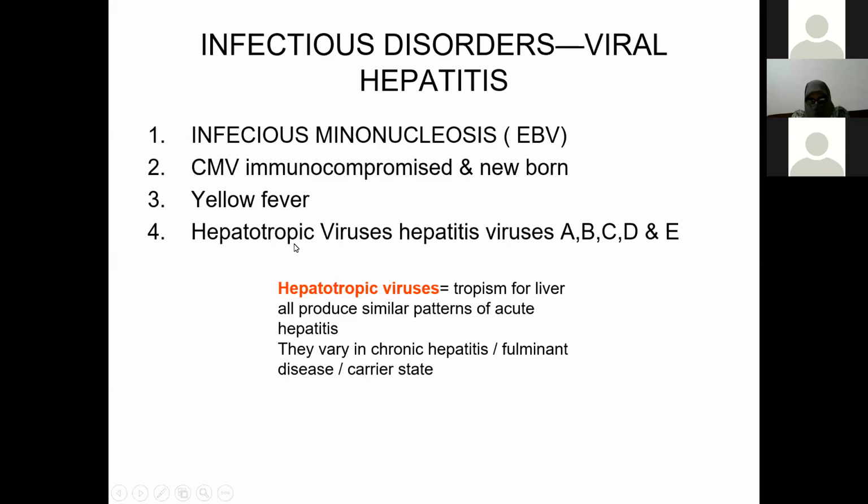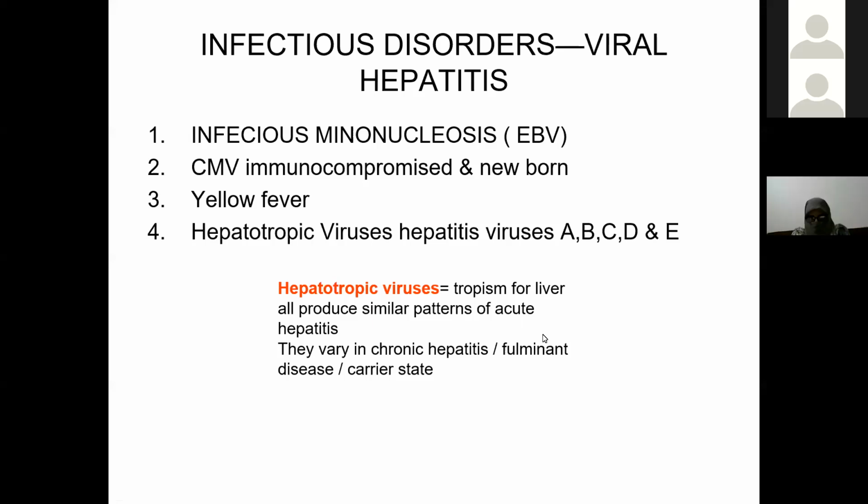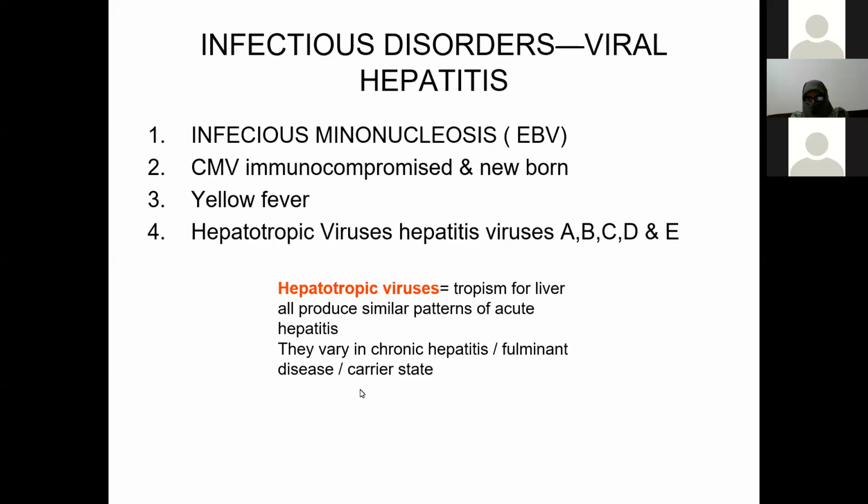We need to know that hepatitis is a global problem, and these infections cause acute hepatitis. Although we will be doing them individually, all of them have a capacity to cause acute hepatitis, chronic hepatitis, fulminant hepatitis, and carrier state.